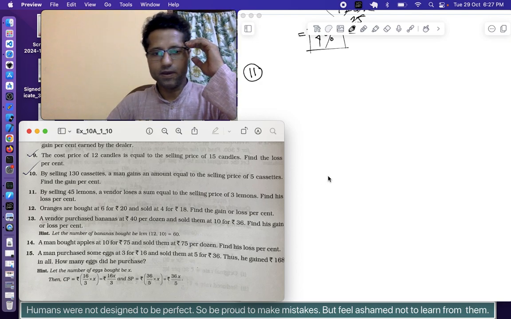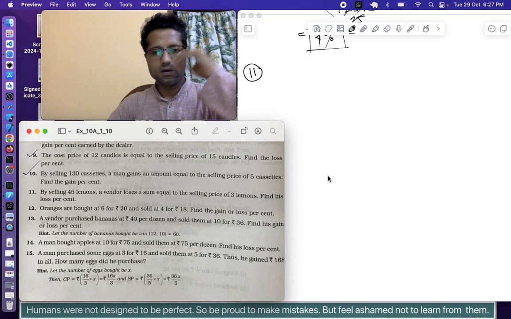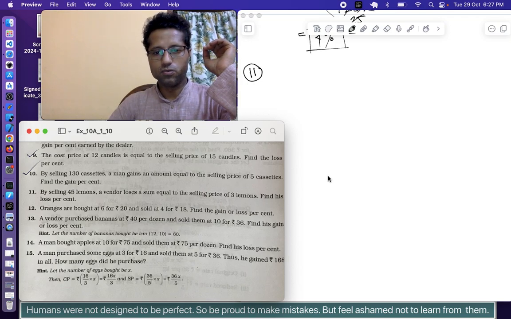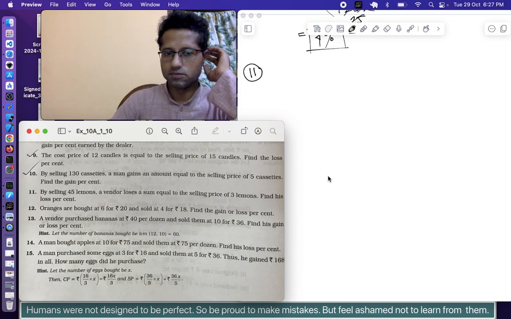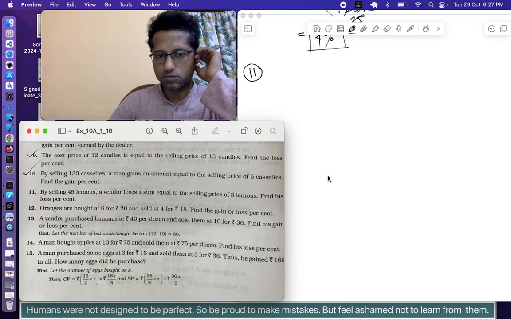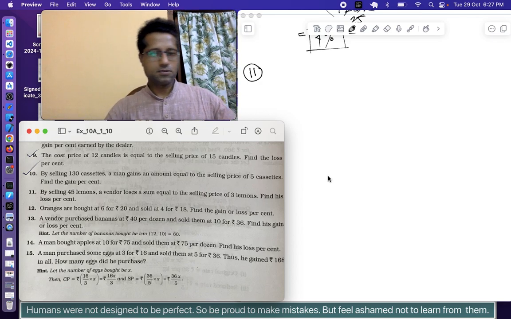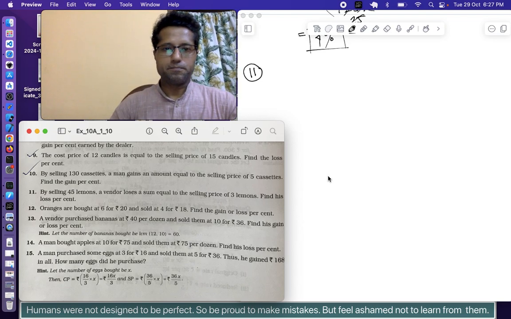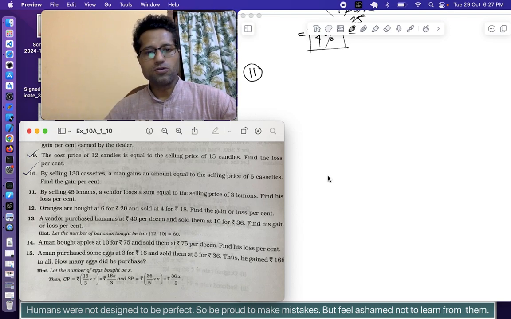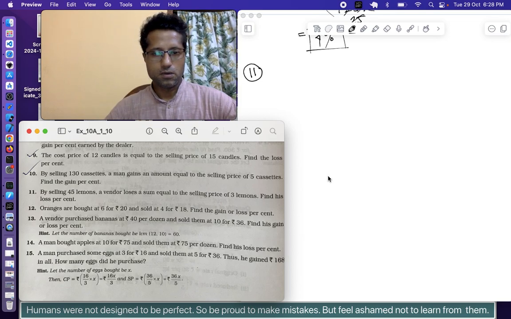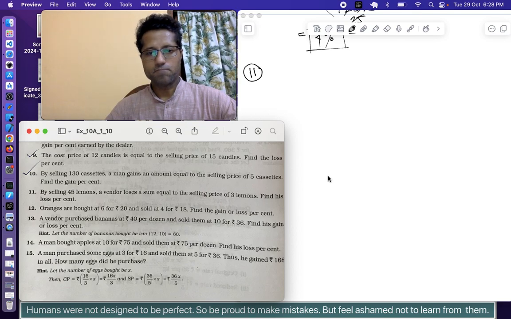So the total loss is given in terms of the selling price of 3 lemons, and the total lemons sold was 45. So find the loss percent. We have to find the cost price of 45 lemons based on whatever information is given.